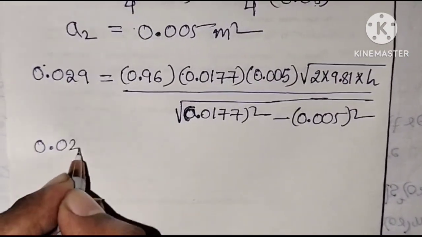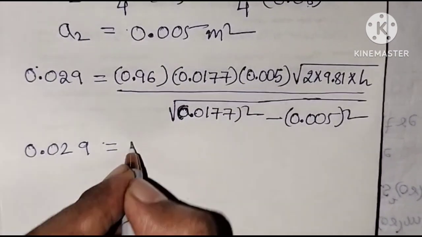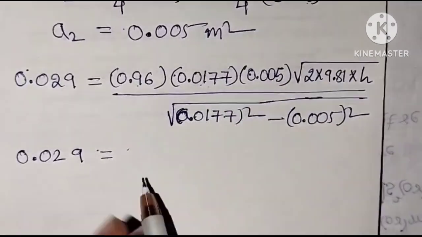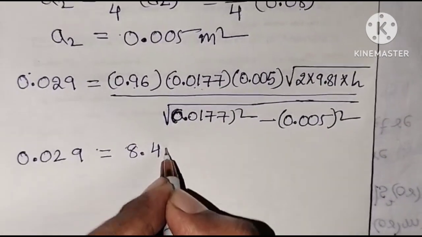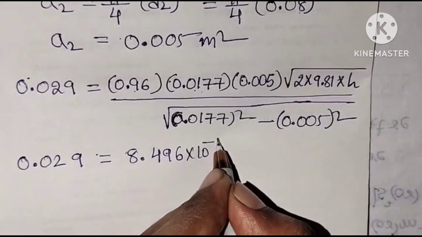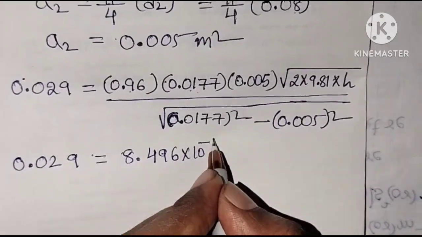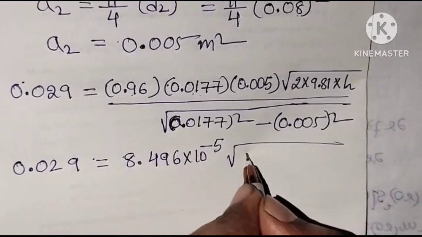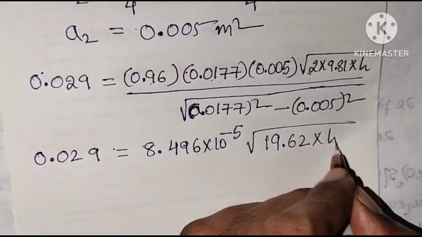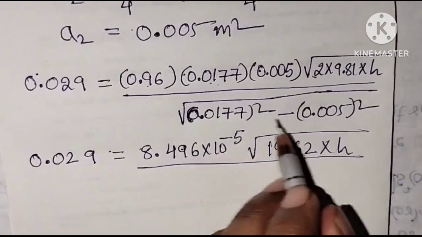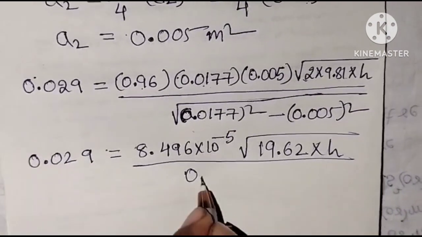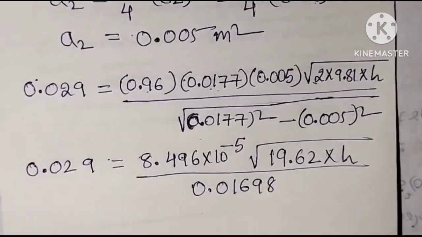Let us simplify further. 0.029 is equal to, if you multiply 0.96, 0.0177 and 0.005, you will get approximately 8.496 into 10 to the power of minus 5, into root over 2 into 9.81, 19.62 into H, whole divided by the square root of this expression, which is 0.01698.